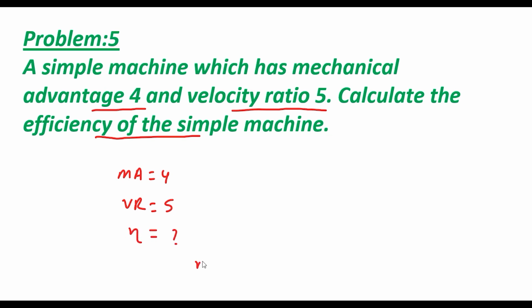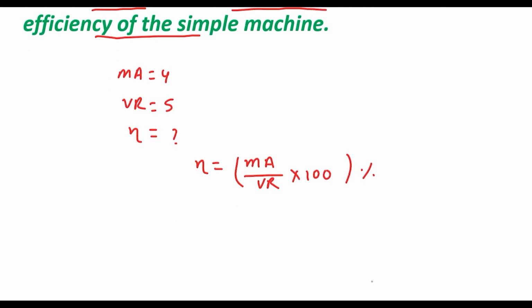We know that efficiency is given by MA by VR into 100, and efficiency is always calculated in percent. And we know that efficiency means how much work is done by the machine. So we have 4 by 5 into 100.